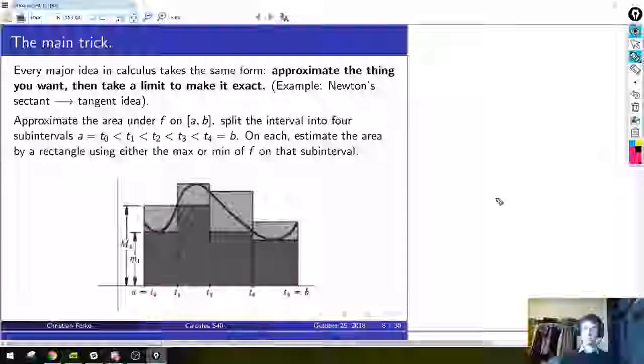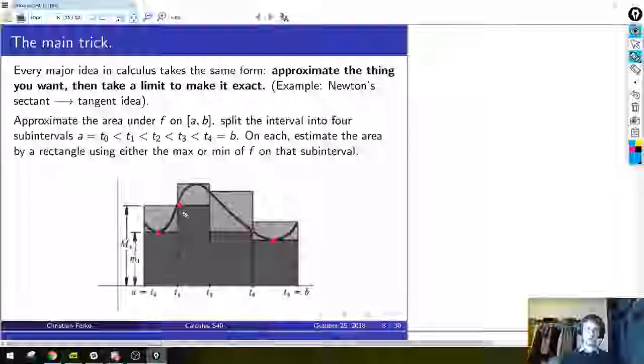So you might ask, how do I get a rectangle whose area is supposed to be smaller than the area under the function on this interval? Well, it's pretty easy. You just take the infimum, the smallest value of the function on that entire interval. I'm marking on each of these intervals, from t0 to t1, t1 to t2, and so on, the smallest value that the function achieves, and I'm marking those in pink.